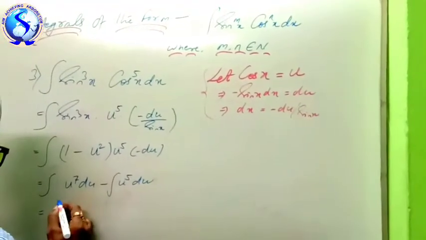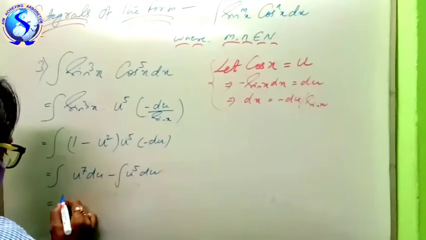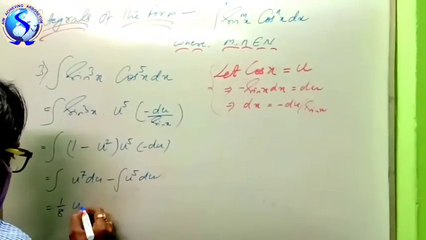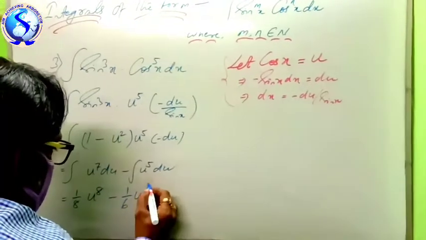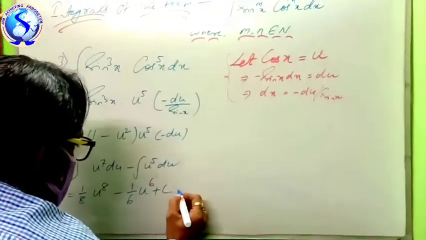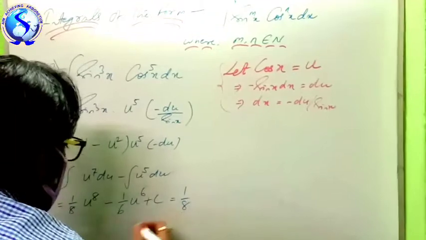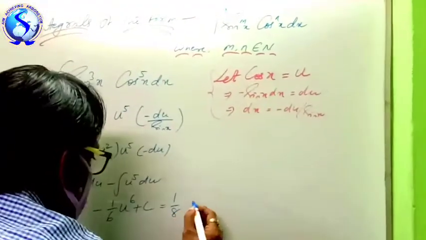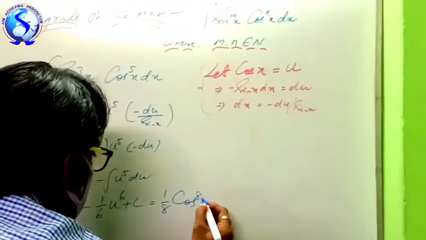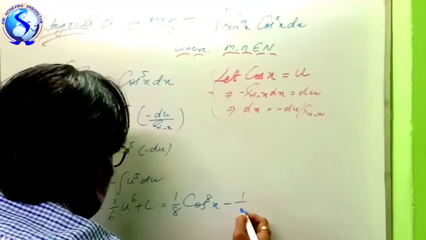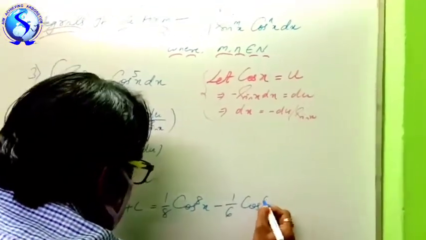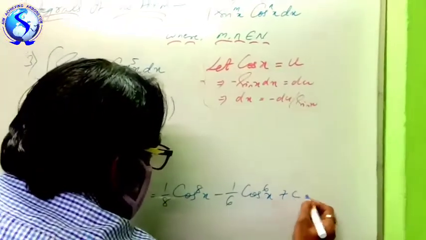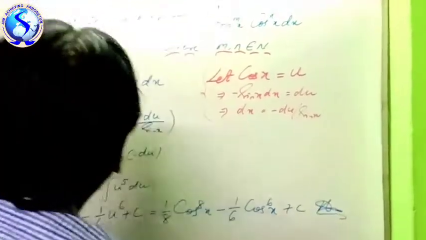Integrating, u to the 7 means 1 by 8 u to the power 8 minus 1 by 6 u to the power 6 plus c. The final answer will be 1 by 8 cos to the power 8 x minus 1 by 6 cos to the power 6 x plus c.